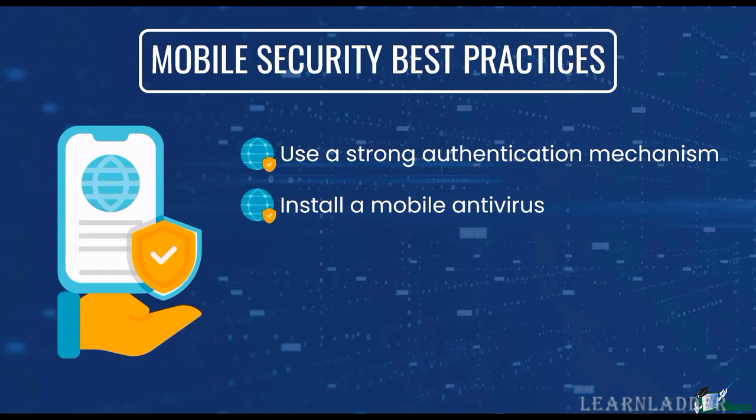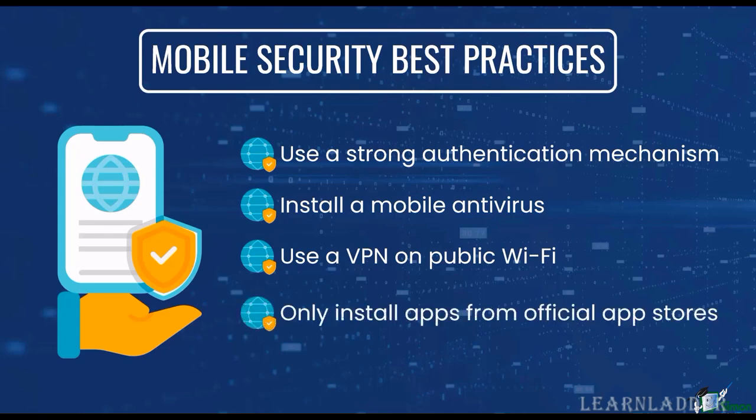The mobile antivirus is going to help identify and deal with those apps before they can cause damage to you and your mobile devices. Next, use a VPN on public Wi-Fi. We'll dive into this more in a later module because it is very important. Fourthly, only install apps from official app stores, like Apple and Google's app stores.